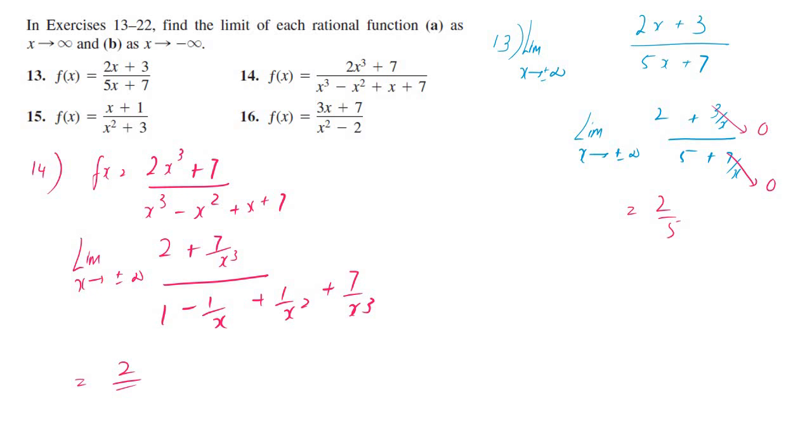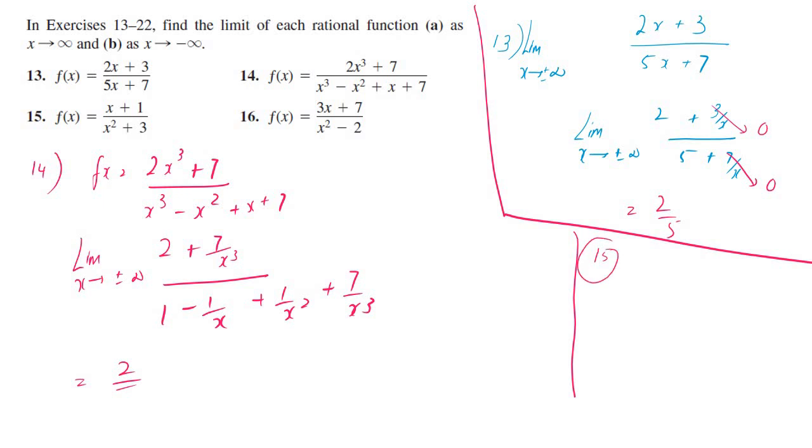So that was question number 13, now question number 15. The question is f(x) equals (x plus 1) over (x squared plus 3). We divide the numerator and the denominator by x squared.